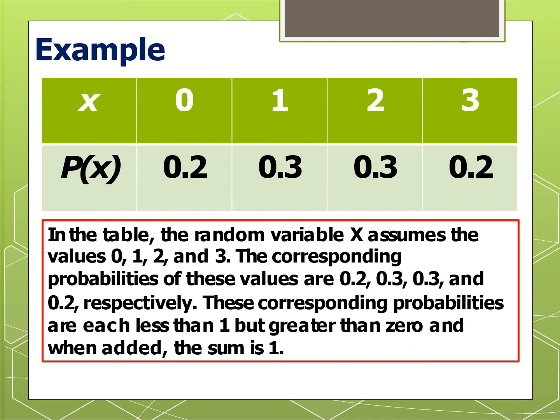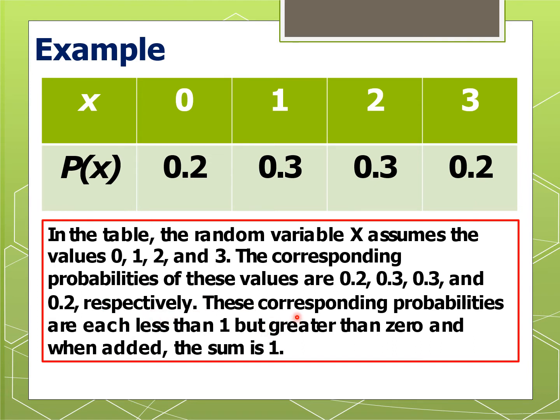Consider the following table. In this table, the random variable x assumes the values 0, 1, 2, and 3. The corresponding probabilities of these values are 0.2, 0.3, 0.3, and 0.2 respectively.